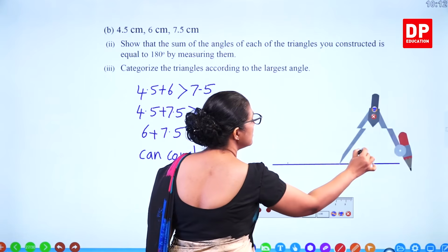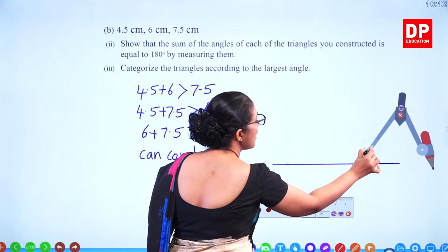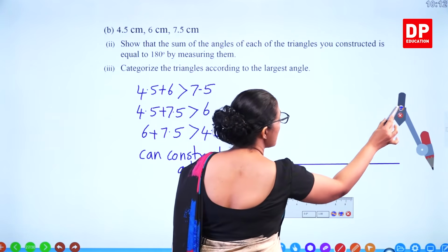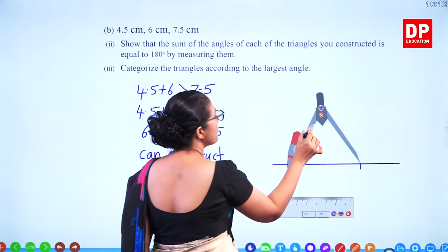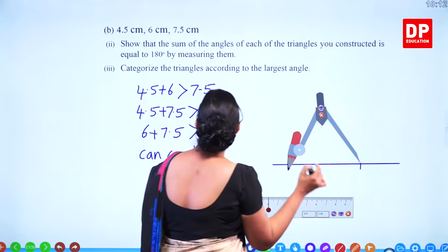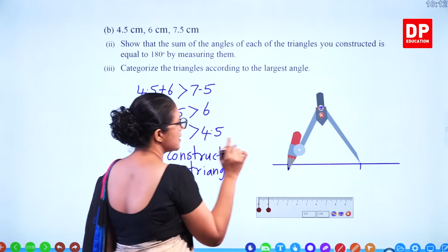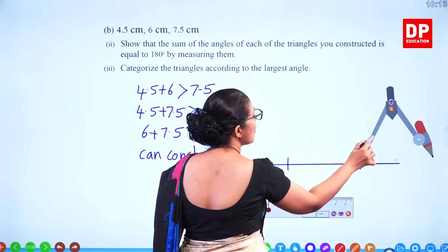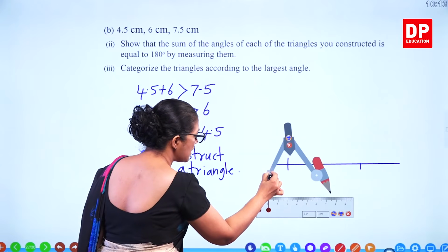Here, and the other point to this side. Here. That's 7.5. Now what's the next length? 6. So we'll take the compass and measure 6 centimeters.